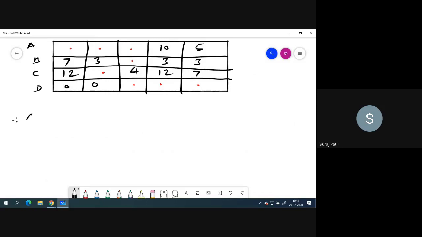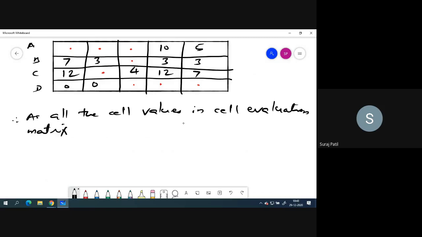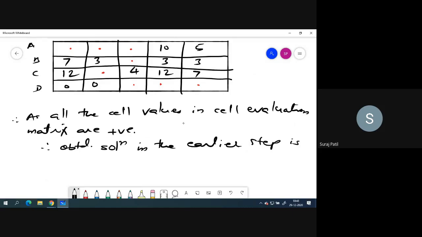Therefore, as all the cell values in the cell evaluation matrix are positive, the solution obtained in the earlier step, the first feasible solution, is an optimum solution.